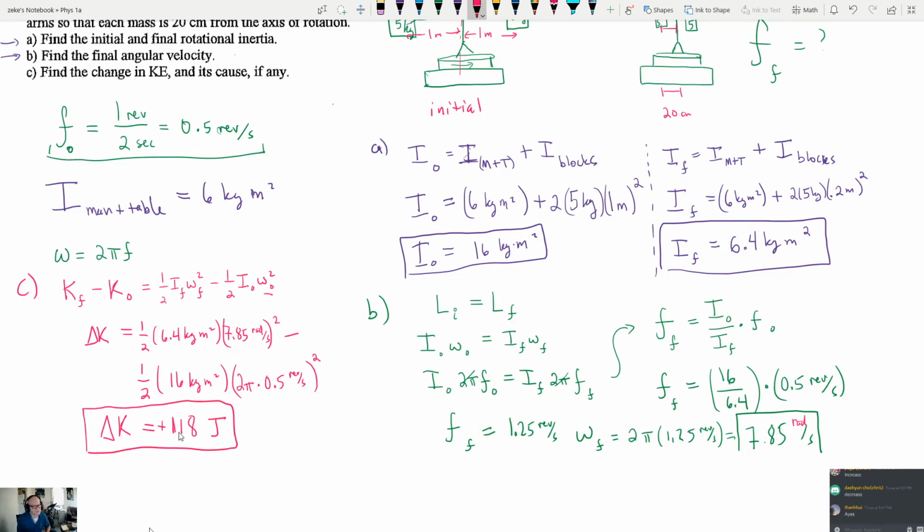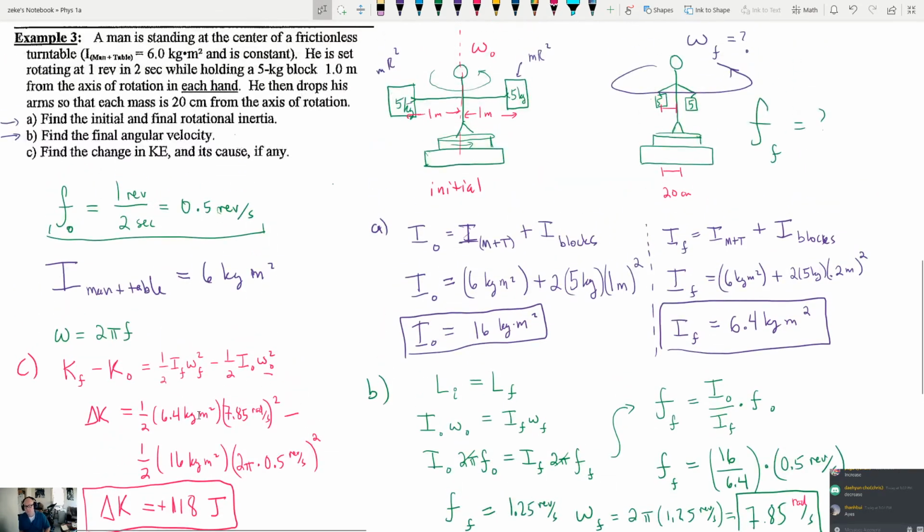And we had no reason to think that kinetic energy would stay the same. Well, maybe we could start there. Why did it change? And where did the change come from? There's a couple different ways that kinetic energy can change.